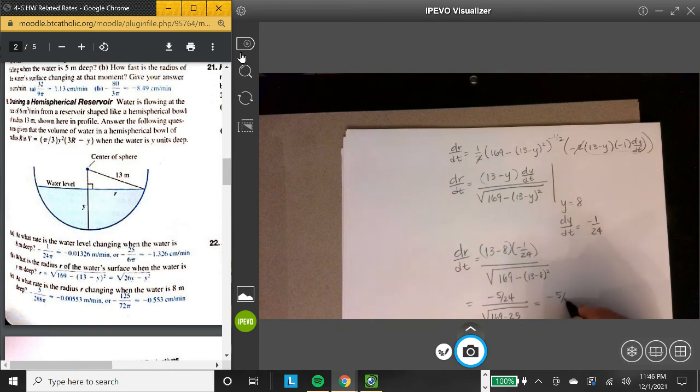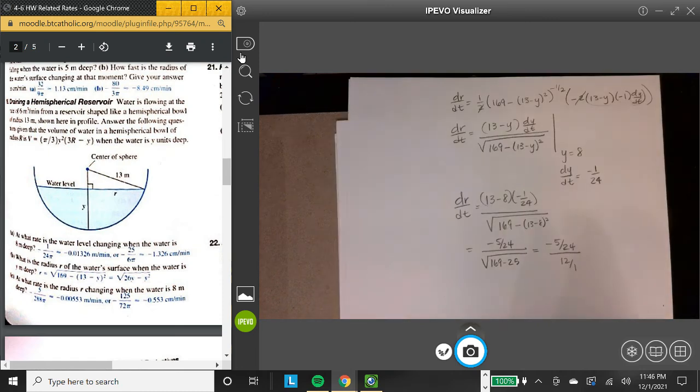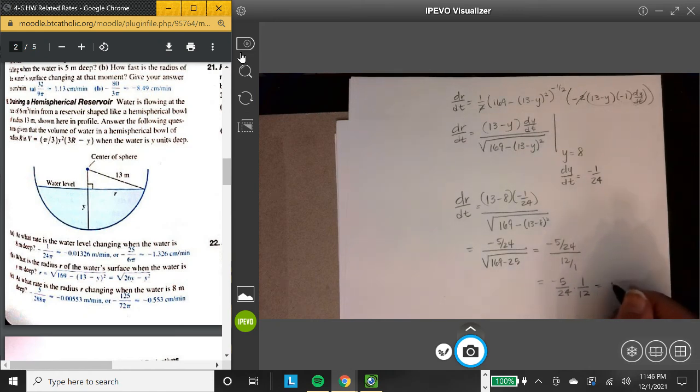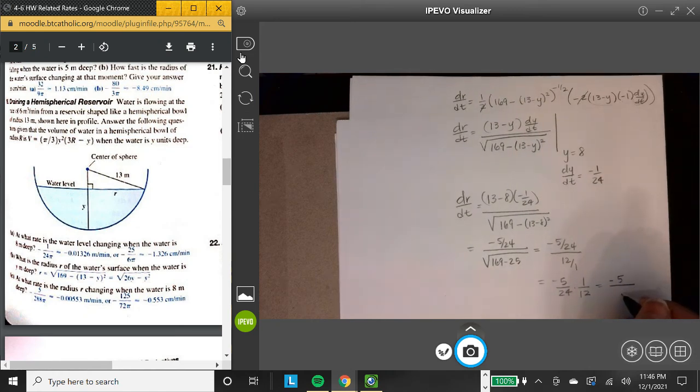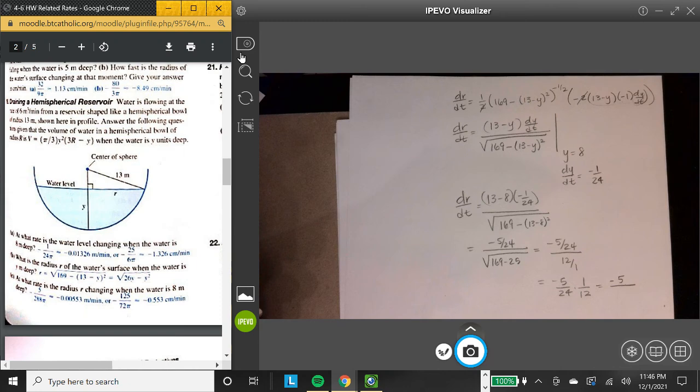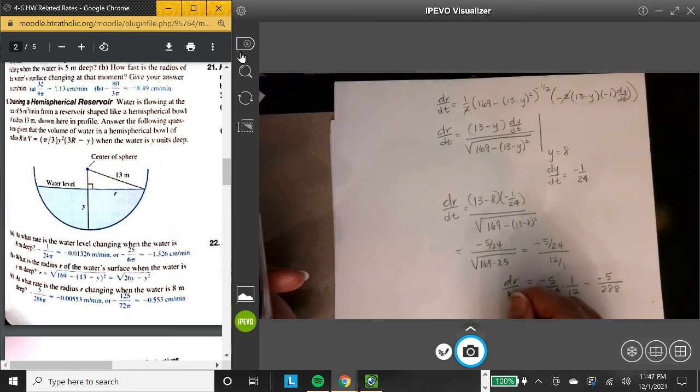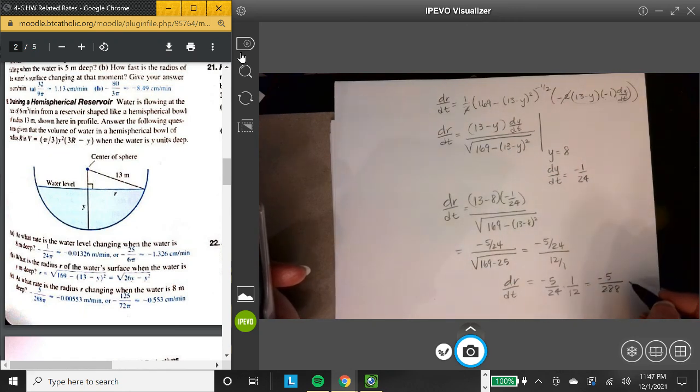So negative 5 over 24 over 12: keep, change, flip, negative 5 over 24 times 12, and 24 times 12 equals 288. This is dr/dt, also a linear measure, so it's meters per minute as well.